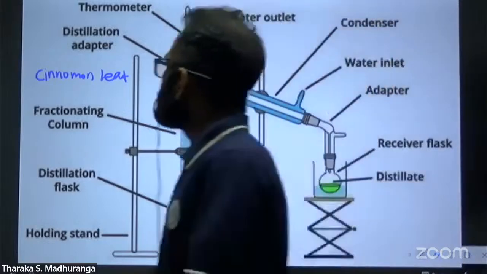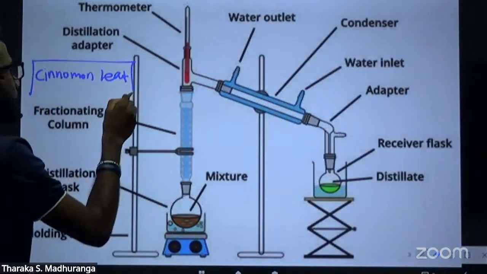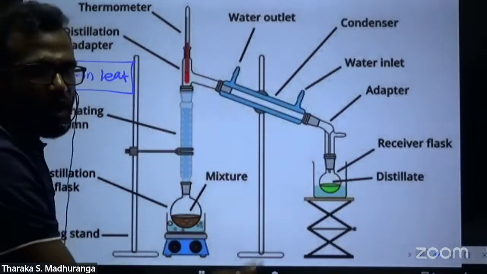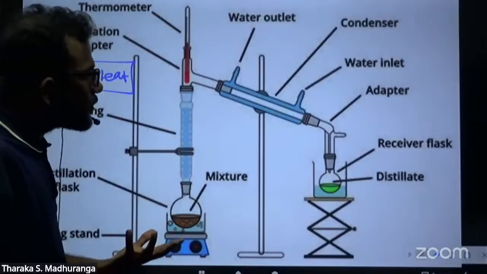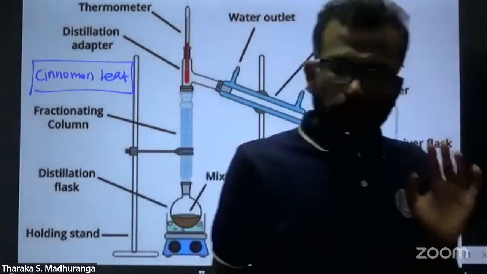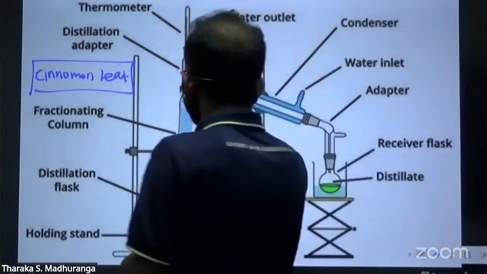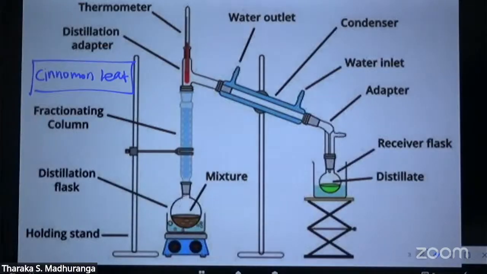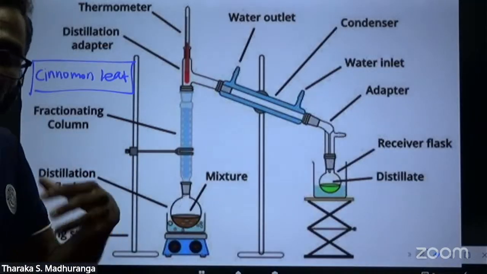In this type of case, if we need to separate more than one compound from one plant material, we have to use this fractional distillation with the fractionating column.